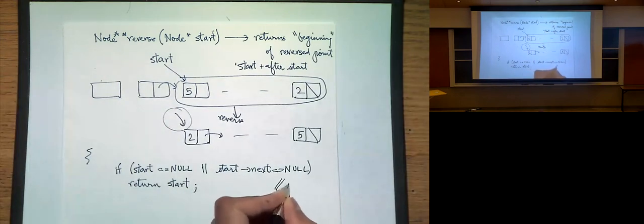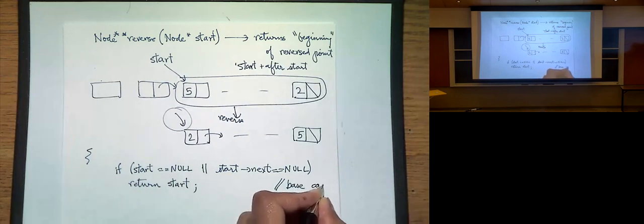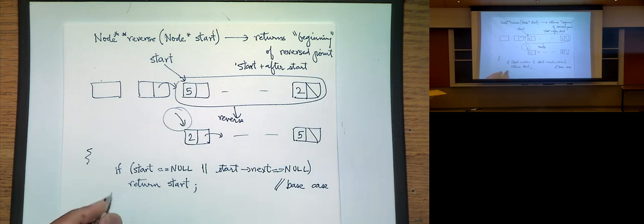And that's the base case. Start is our current, yeah. But I call it start because it's the start of the portion that you're looking at. I'm not saying this logic is entirely correct, but this should give you the basic idea.